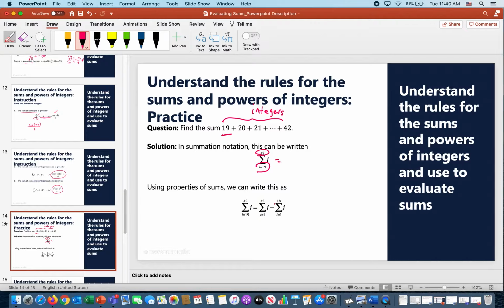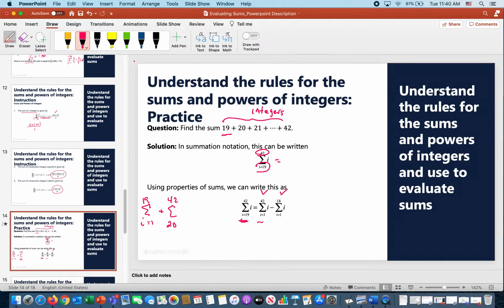And if you remember, we talked about how we could do 1 to 42 minus 1 to 18. So where on earth are we getting this? Remember, we have 19 to 42. So I could say it like this: I equals 1 to 19 plus the sum from 20 to 42.